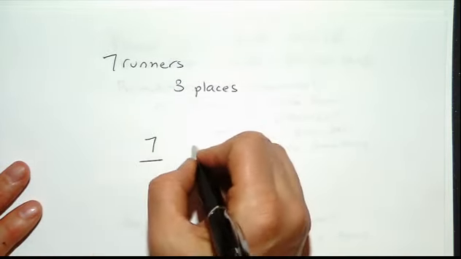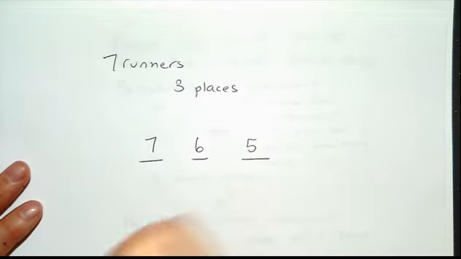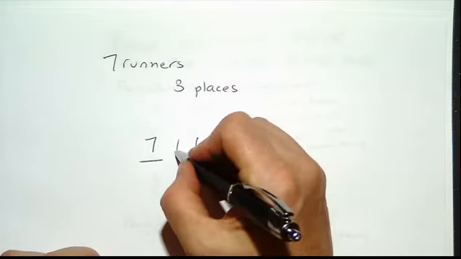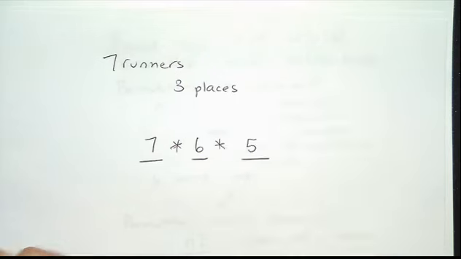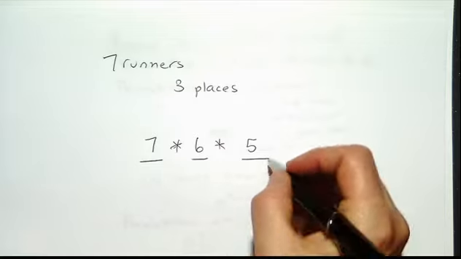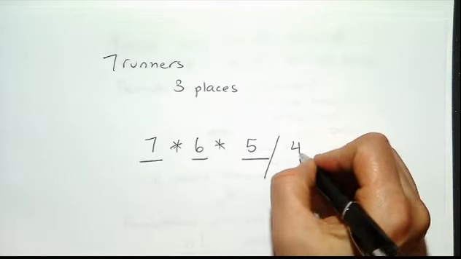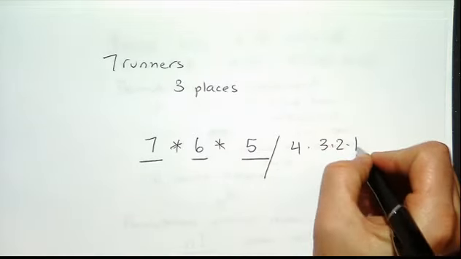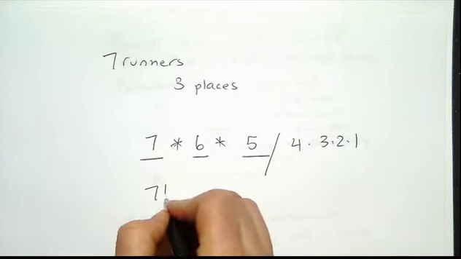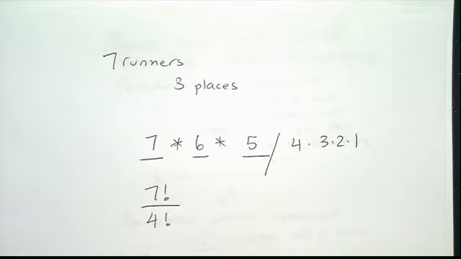There's 7 people who could win, 6 people who could be in second, and 5 people who could be in third. So that's going to be my answer for how many ways there are to have finishes in the race if all I care about is the first 3 places. But what is that equal to? That's equal to 7 factorial divided by 4 factorial.